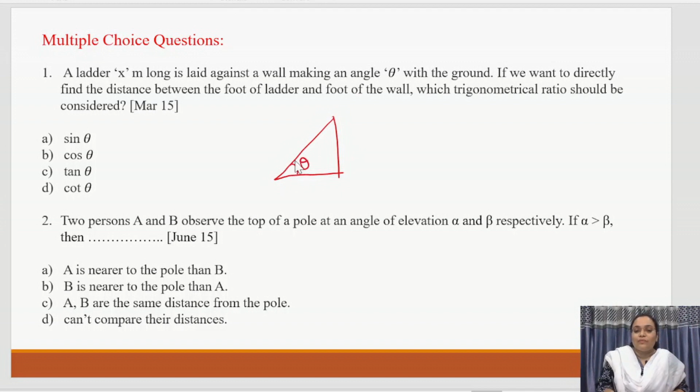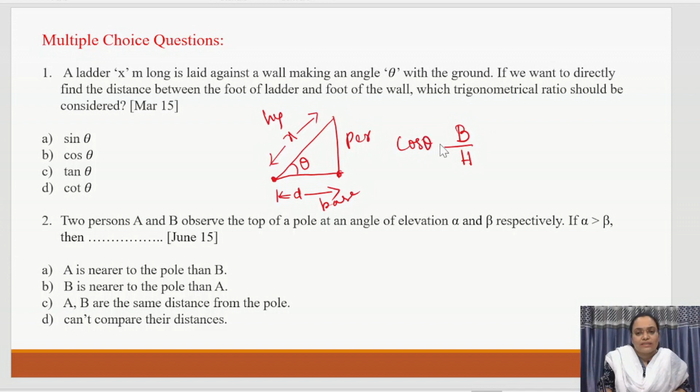If we want to directly find the distance between the foot of the ladder and the foot of the wall, which trigonometric ratio should we consider? This is x meters long. We have base and hypotenuse. So we will consider cos theta is equal to base by hypotenuse.